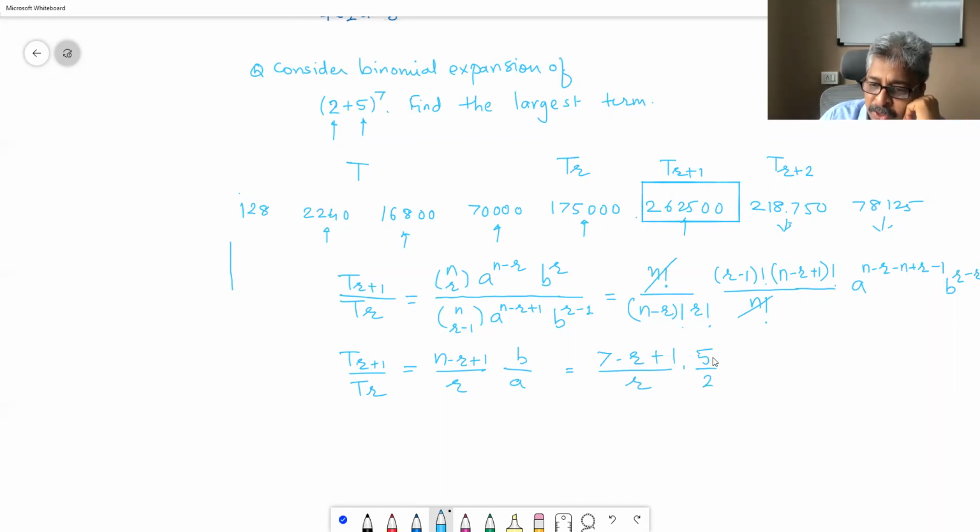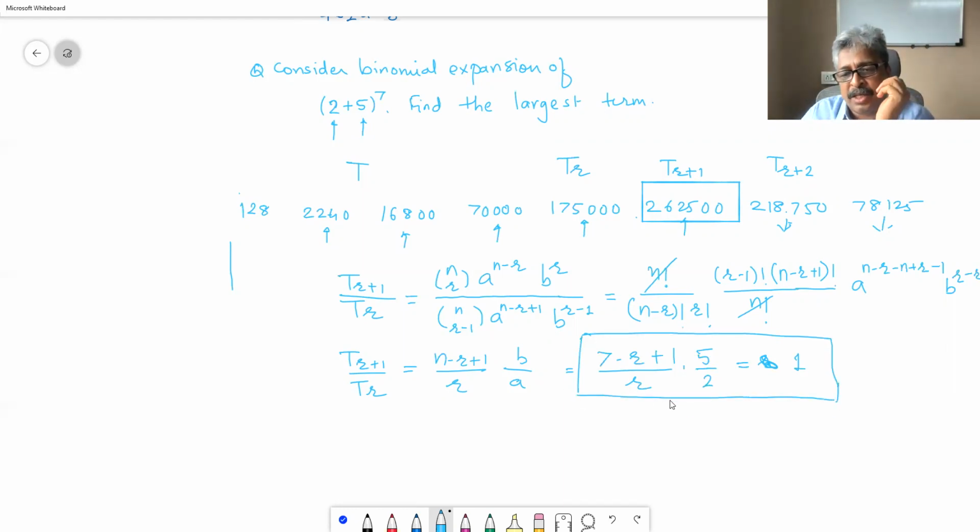Therefore, we will find approximately what value of r makes the ratio 1, so that we can decide what happens if we reduce r or increase r. Let us further simplify this.